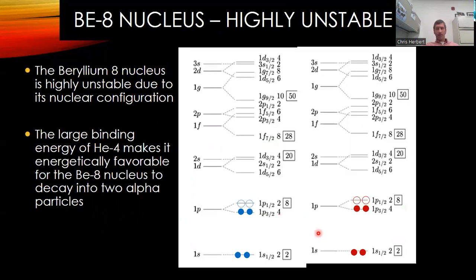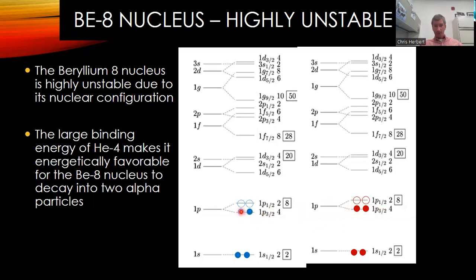We want to look at something that's very unstable. Beryllium-8, if we think about this, why doesn't beryllium-8 exist? It seems like beryllium, element 4 protons, 4 neutrons, that shouldn't be all that unstable. But actually it is. And what beryllium-8 tries to do is break itself into 2 helium-4 nuclei, because as you can see here, you have a half-filled shell here, you've got a half-filled shell here.